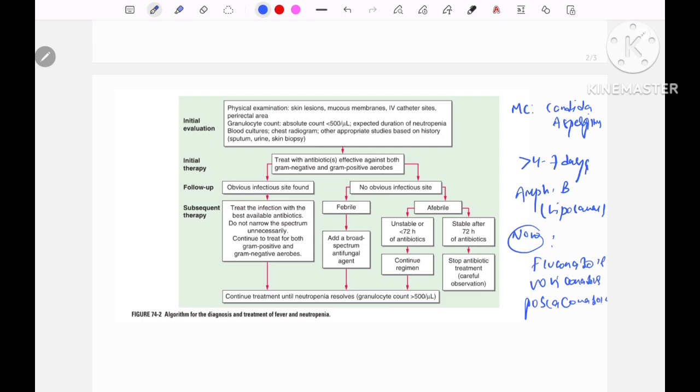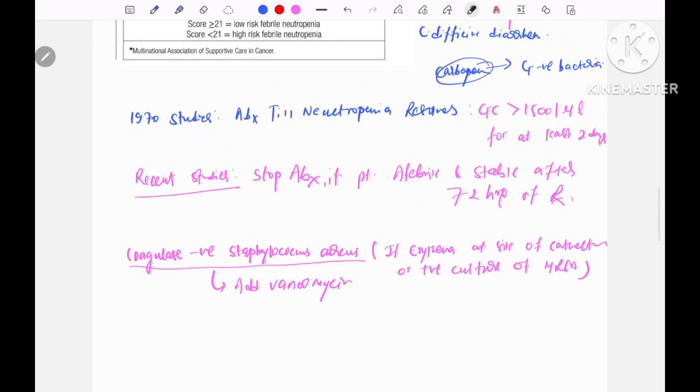As we all know, no single antifungal agent is effective against all groups of fungus, so we choose the antifungal agent according to its spectrum. If the patient is afebrile and unstable, or has had less than 72 hours of antibiotics, then we continue the regimen. And if the patient is stable after 72 hours of antibiotics, we stop the antibiotic treatment, as I have already mentioned here.